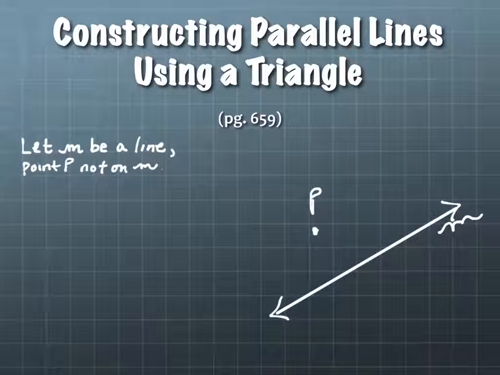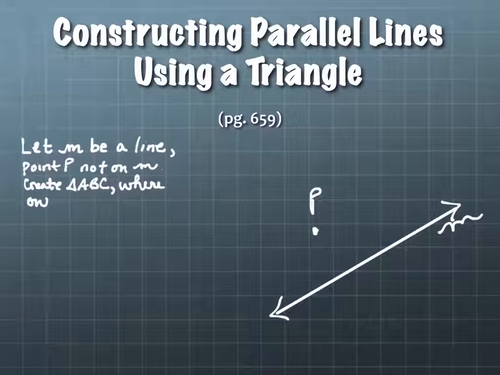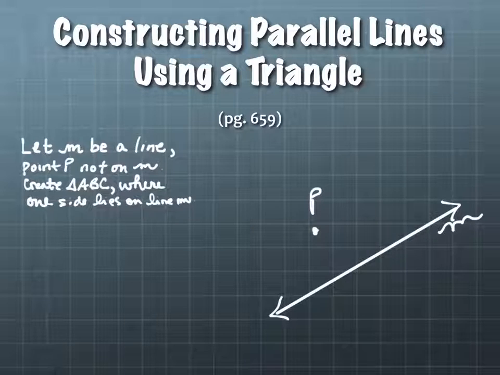All right, so we're going to create triangle ABC where one side of the triangle lies on line M. Wondering if, trying to think how I did it last semester. Let me write the rest of it down and then we'll do it together.